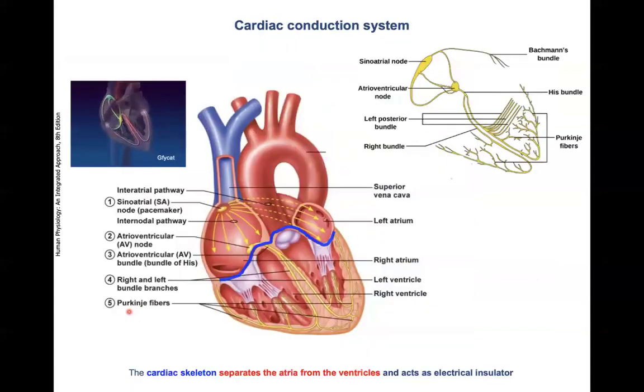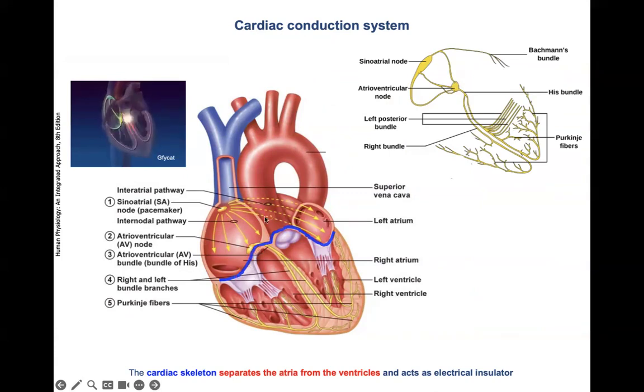Before we delve into ECG tracing, a quick recap: the cardiac conduction system. Remember, the primary pacemaker, the SA node, triggers the first signal, travels down the conduction system, and here we have the cardiac skeleton, which is an electrical insulator, which we discussed previously. We need it. Why?